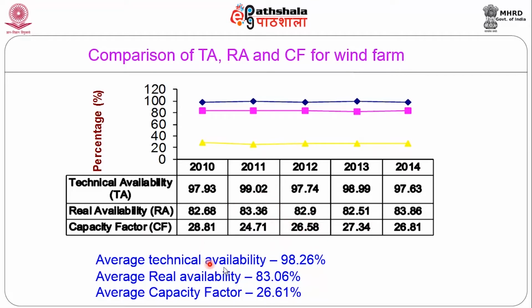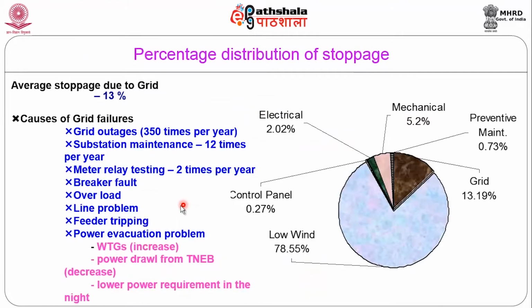Average technical availability in that particular Muppandal area is 98.26 percent. Average real availability is 83.06 percent. Average capacity factor is 26.61 percent. And this seems to be a good site, and this is the comparison of various availability and capacity factor.